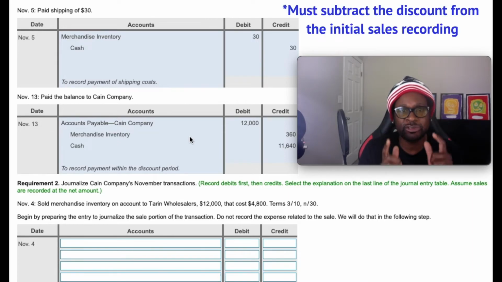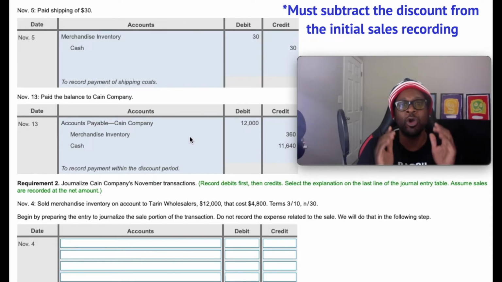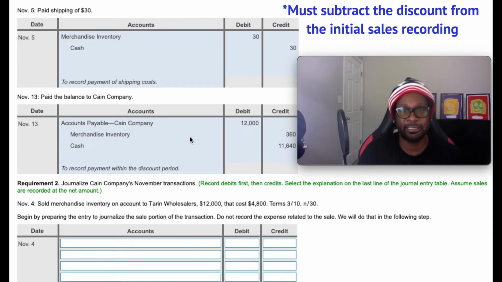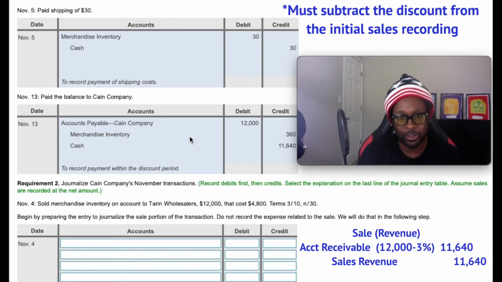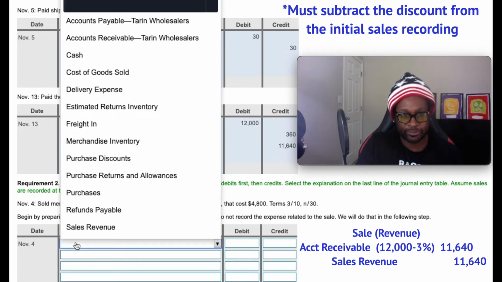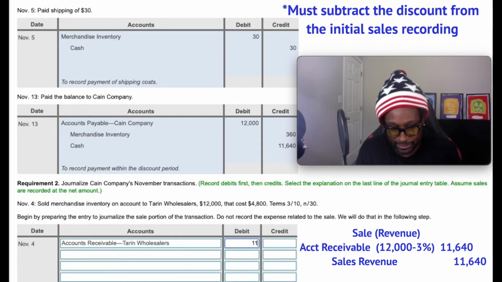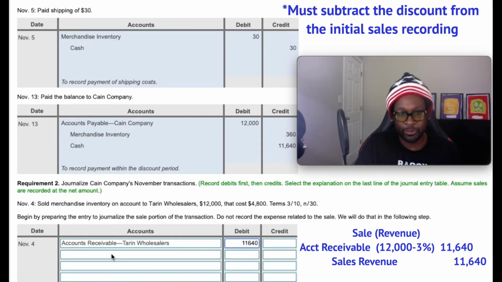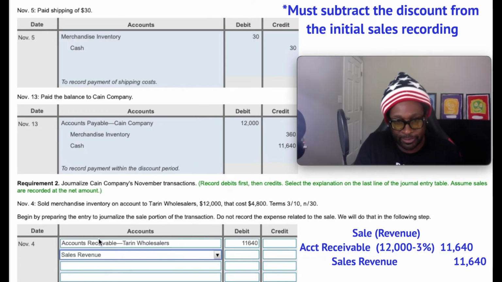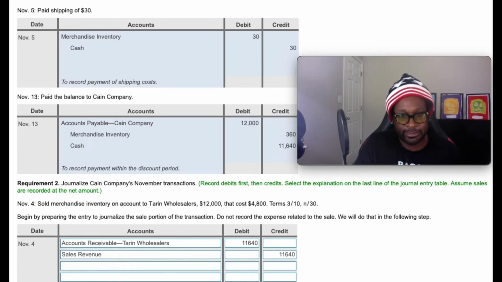Thus, our initial sales recording of revenue will be netted to the discounted amount. Therefore, we're going to debit accounts receivable for the netted amount of $12,000 minus 3%, which will give us $11,640. And we're going to credit sales revenue for the same amount. We're going to check the answer.